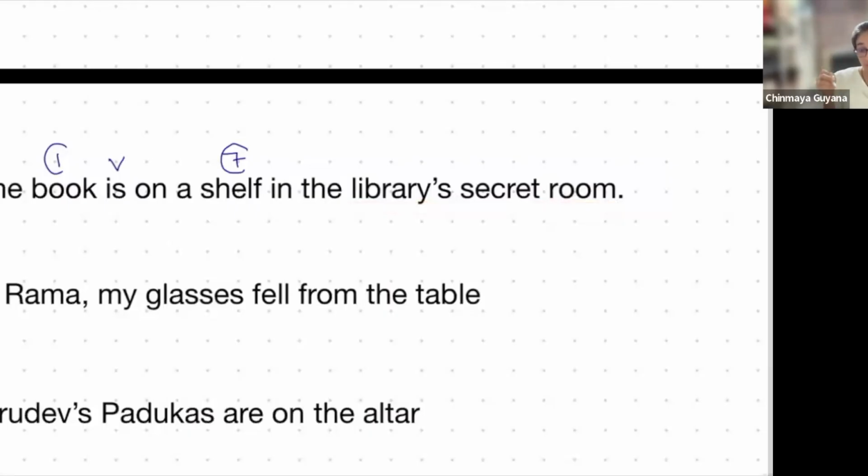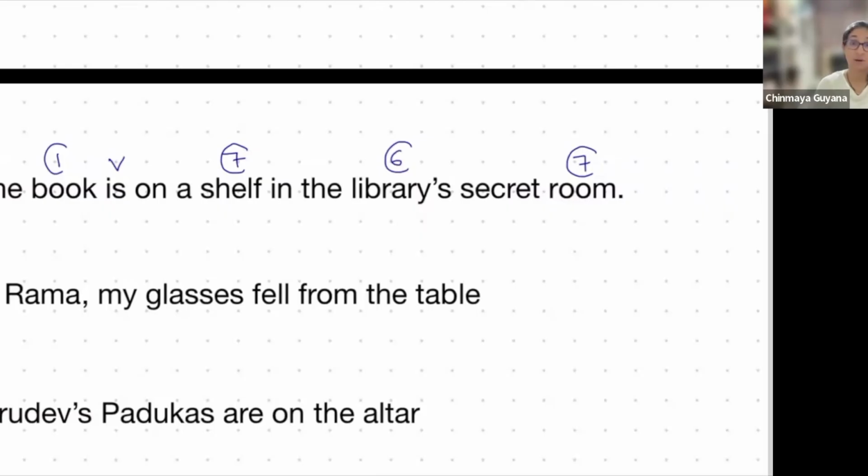Is it in the library or it's in the secret room, according to the sentence? It's in the secret room of the library. Correct? So in the secret room will be 7. And library is 6th case. Everyone follow that? In the secret room of the library.